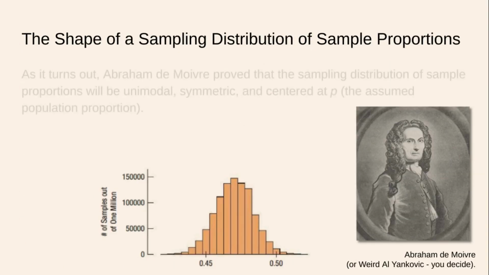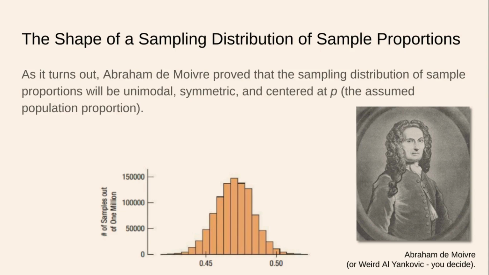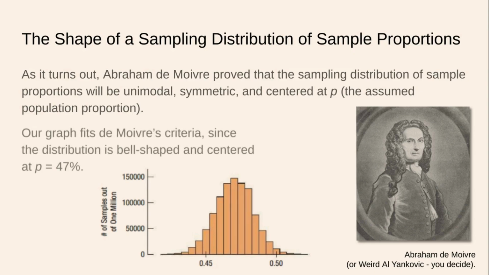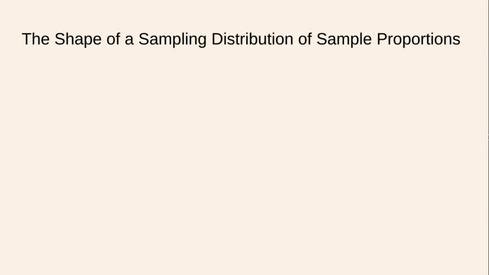As it turns out, Abraham de Moivre, if you speak French, I am very sorry, my French pronunciation is terrible, proved that the sampling distribution of sample proportions will be, you guessed it, unimodal, symmetric, and, to boot, centered at the assumed population proportion, 47% in our case. Our graph fits de Moivre's criteria since the distribution is in fact bell-shaped and it is centered at our assumed population proportion, 47%.